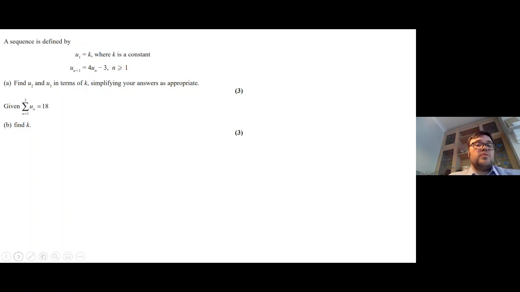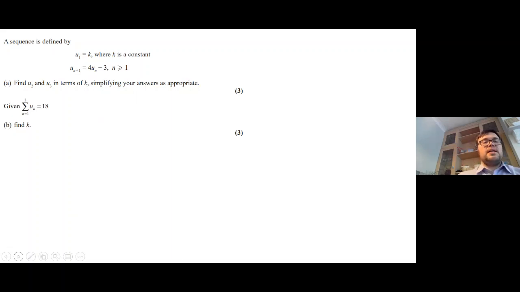If you have a look at the scheme of work, it's sequences, arithmetic, and geometric. So we have a sequence defined by U1 is equal to k, where k is a constant, and then we have u(n+1) equals 4un minus 3.